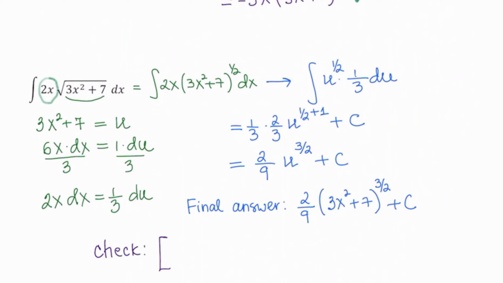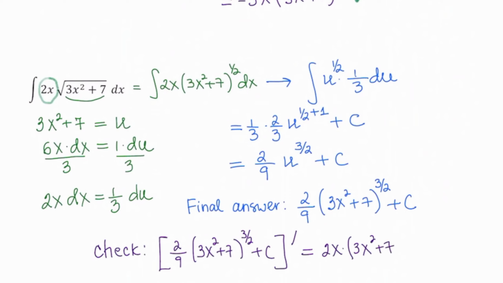If you were to compute the derivative of this expression, we should get 2x times 3x squared plus 7 raised to 1/2. So you can complete the steps of this last step of checking.